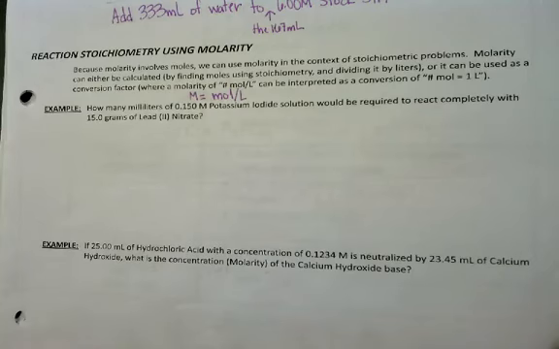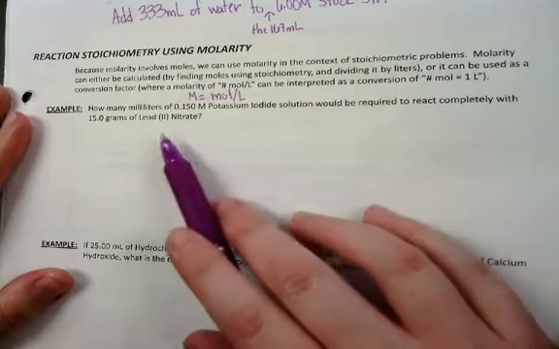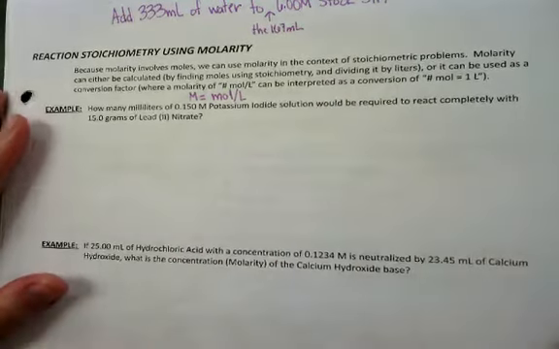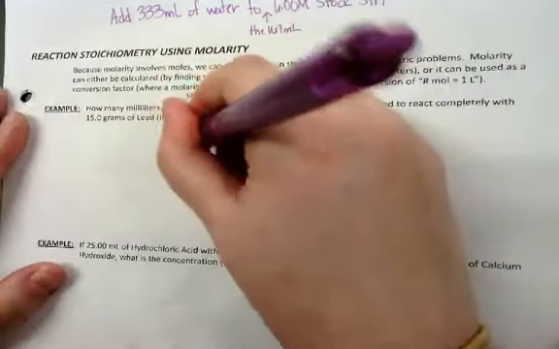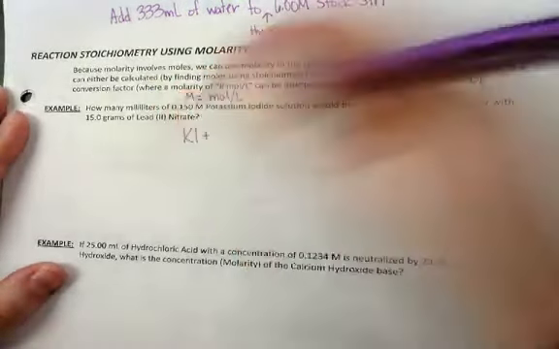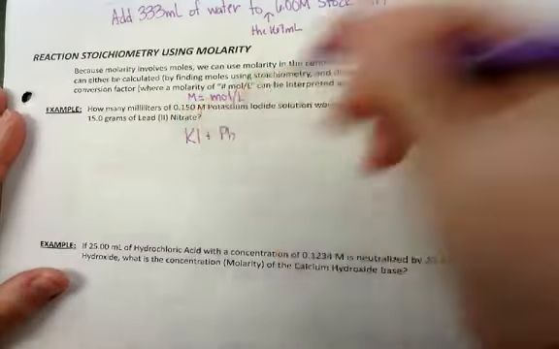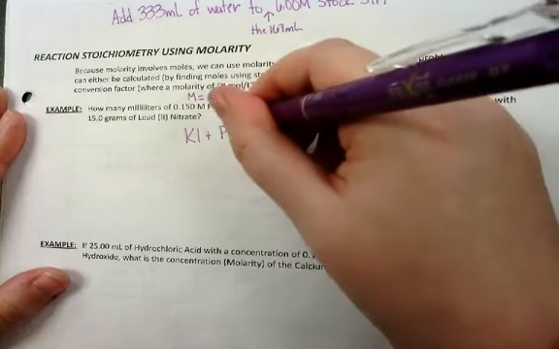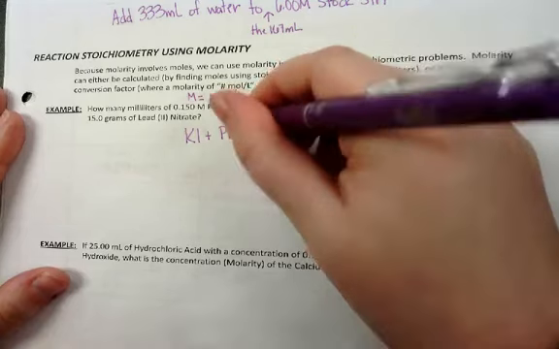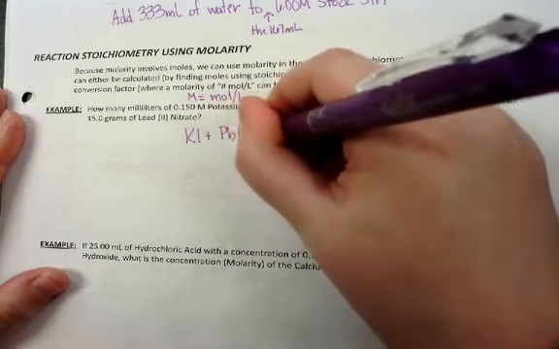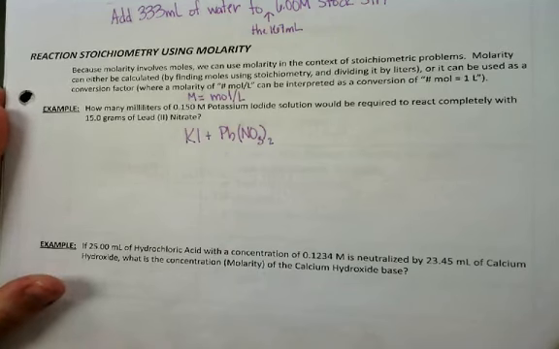Our balanced equation. So we have potassium iodide reacting with lead 2 nitrate. What is potassium iodide? KI. What is lead 2 nitrate? Pb(NO3)2.